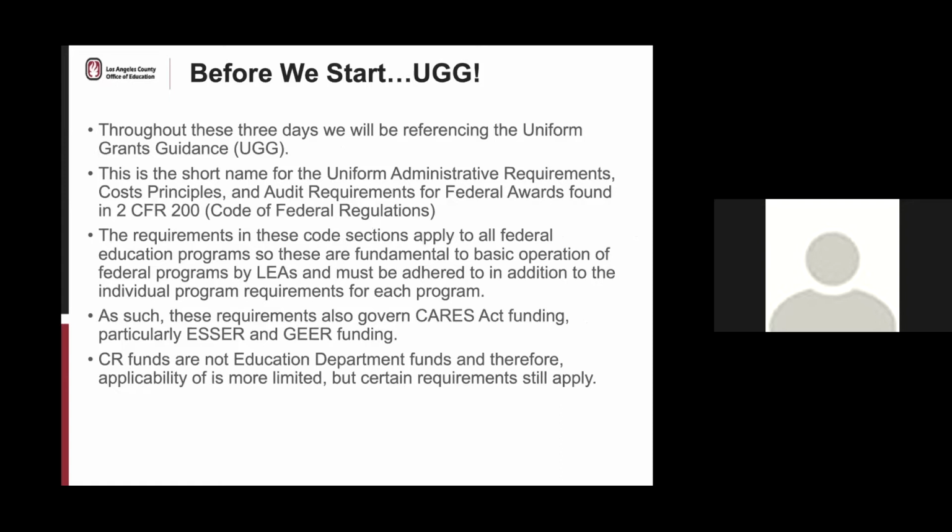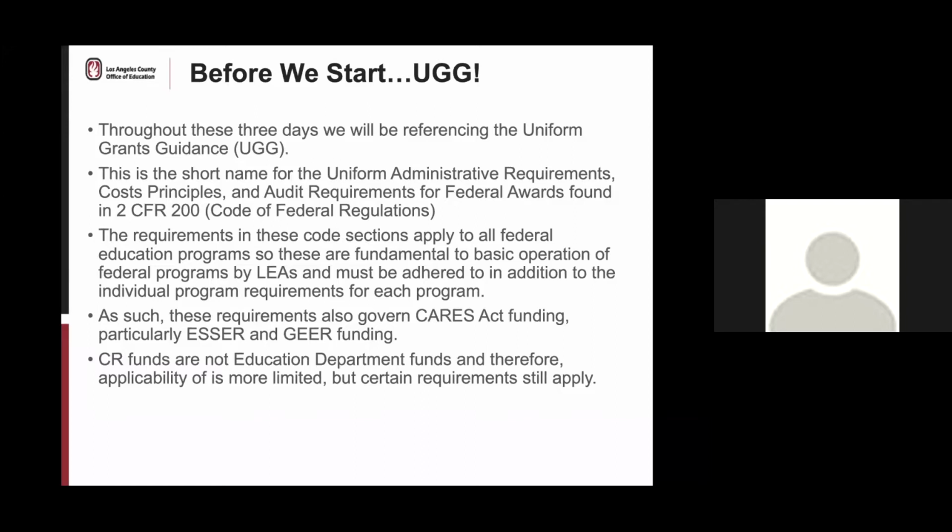They're important because they apply to all federal programs and federal education programs. So they're fundamental to the basic operation of federal programs by LEAs, and they have to be adhered to in addition to the individual program requirements. Most of us in the program area really focus on individual program requirements and know those well.